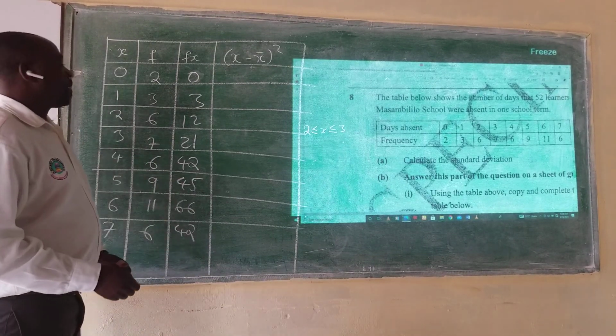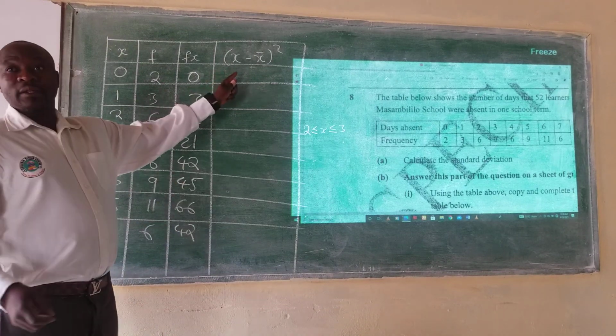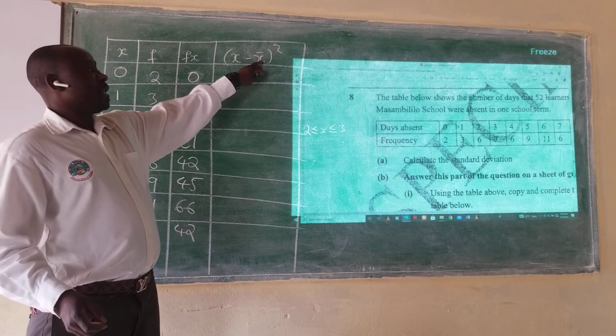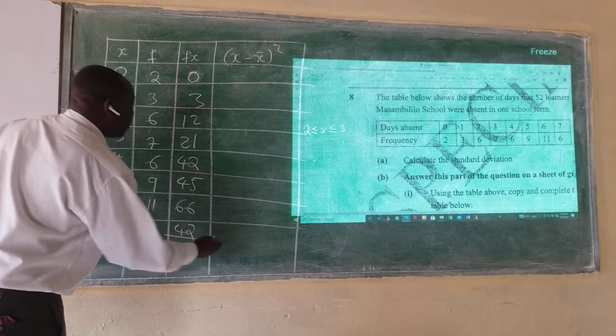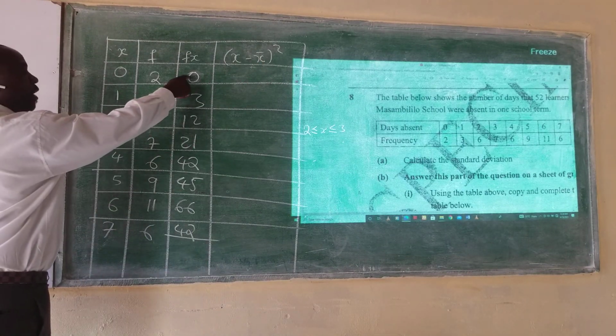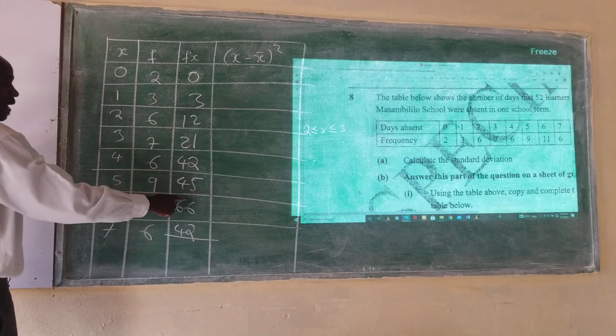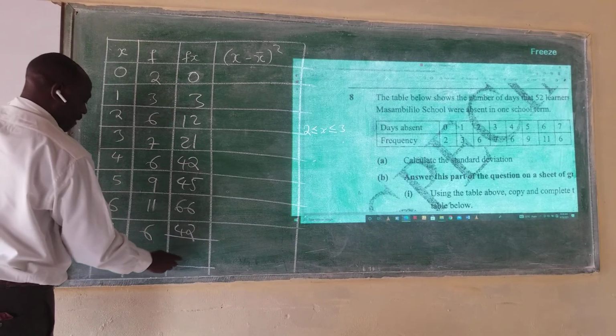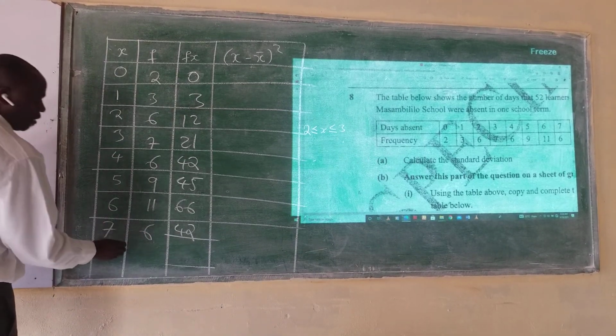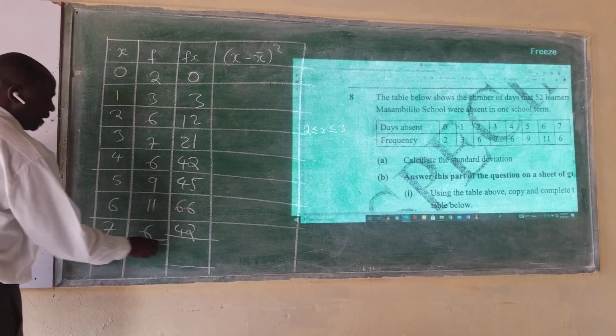Next, because the following column requires the x bar, we are going to find the x bar. The way we find the x bar is that we add up the fx, the summation of fx, and we also add up the frequency.